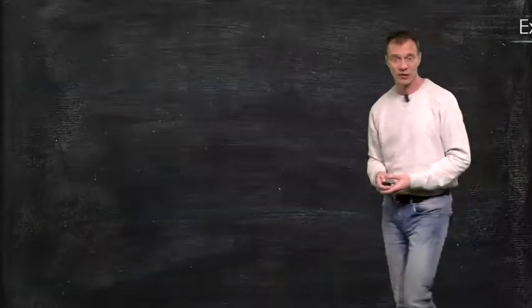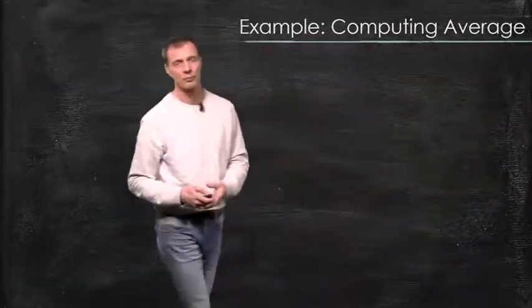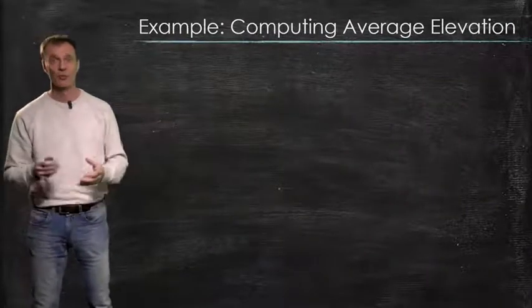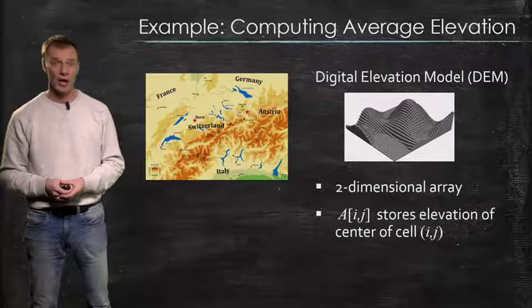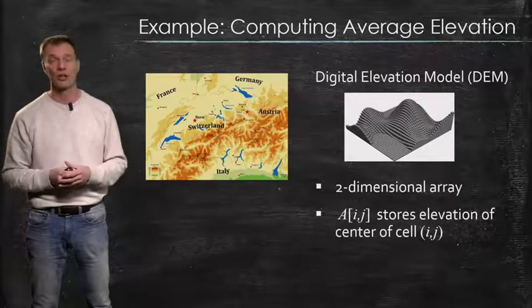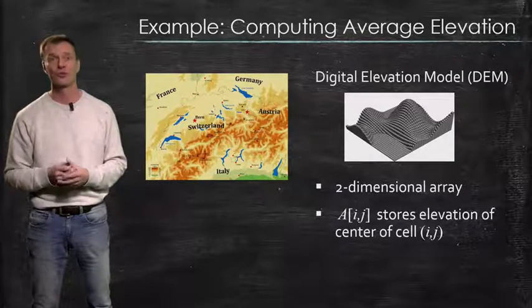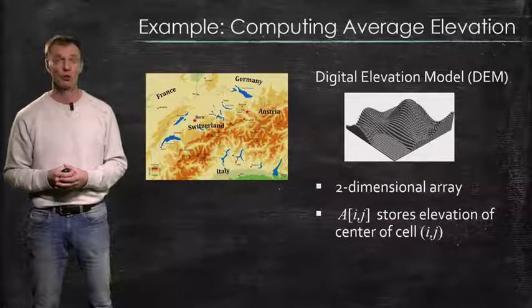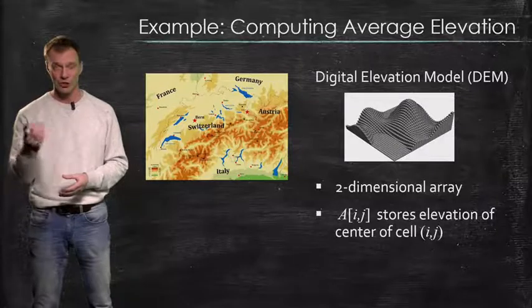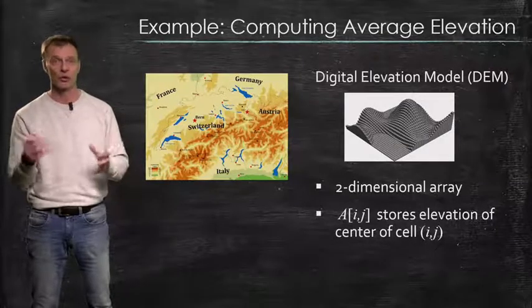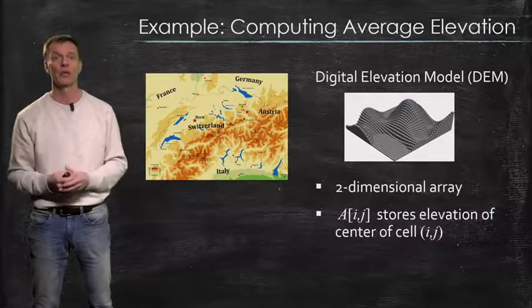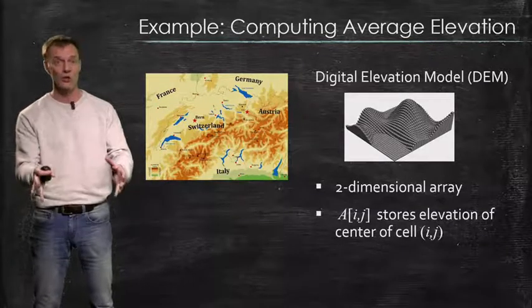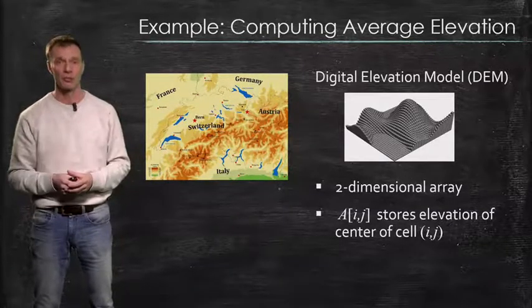Okay, so let's have a look at an example. Remember that the example we saw before was that we have, let's say, a three-dimensional model of the Alps, for instance. And this model is in the form of a two-dimensional array, where each cell roughly corresponds, let's say, to a 1 by 1 meter area in the Alps, and for each cell you know the elevation at that particular point.